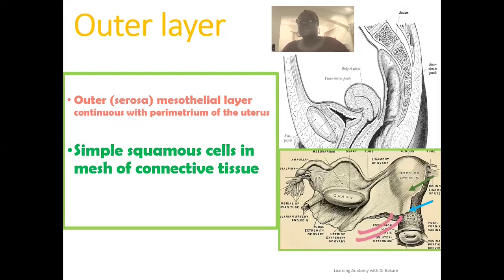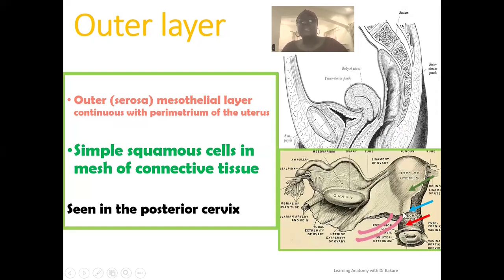So you see that this peritoneal covering is now extending to the inferior region here, which is referred to as the cervix. So we should not expect to see the outer serosal layer if a section of the anterior portion of the cervix is processed histologically, because the peritoneal covering is not seen to extend up to this region.